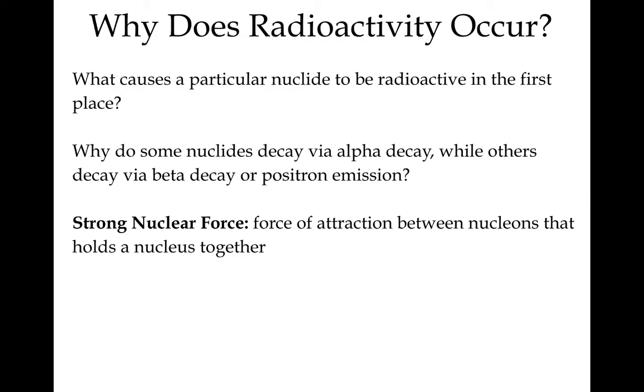And of course, what you guys have learned back in Chem 100 or Chem 101 is that a nucleus is comprised of the protons, which are positively charged, and the neutrons, which are neutral or not charged, right? And we know that positively charged particles, just like negatively charged particles, are going to repel each other. So protons in that nucleus are repelling each other.